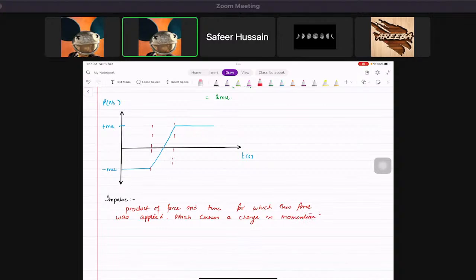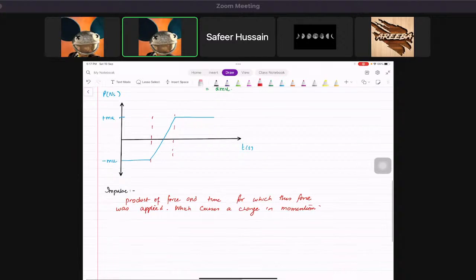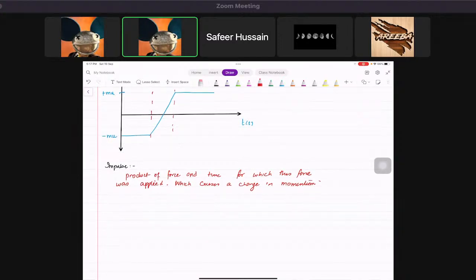So impulse is basically force times time, and it causes the change in momentum, as we know.